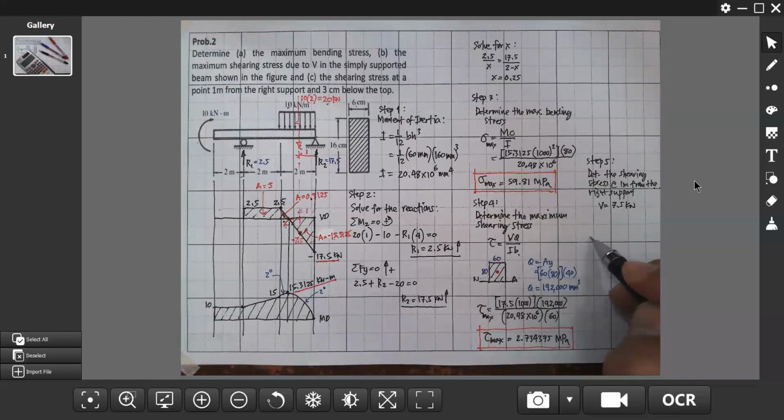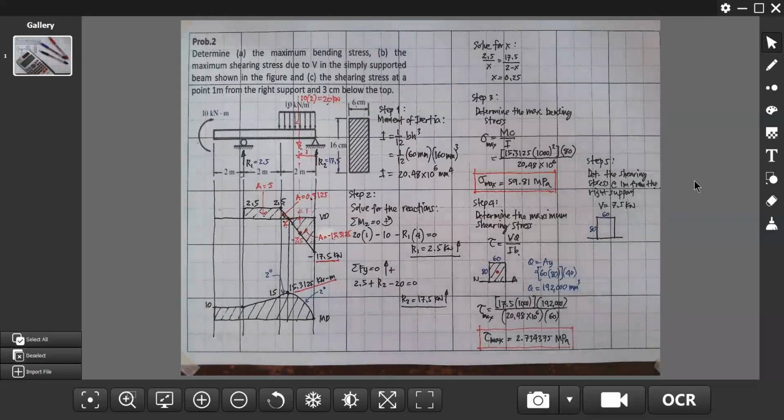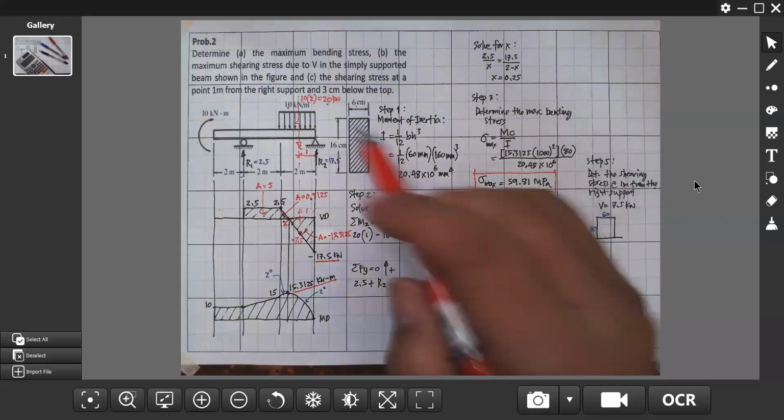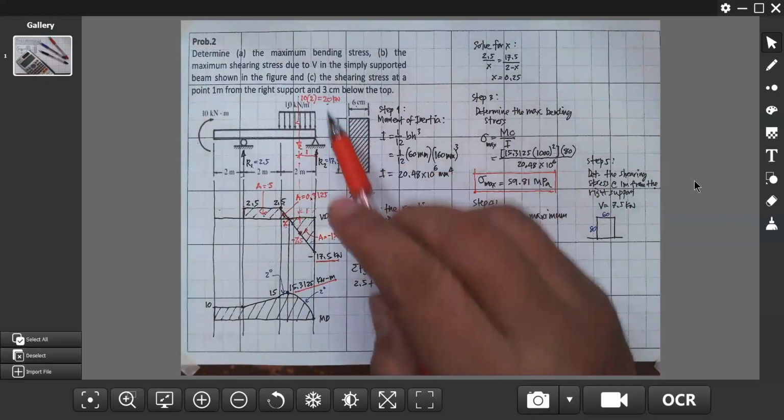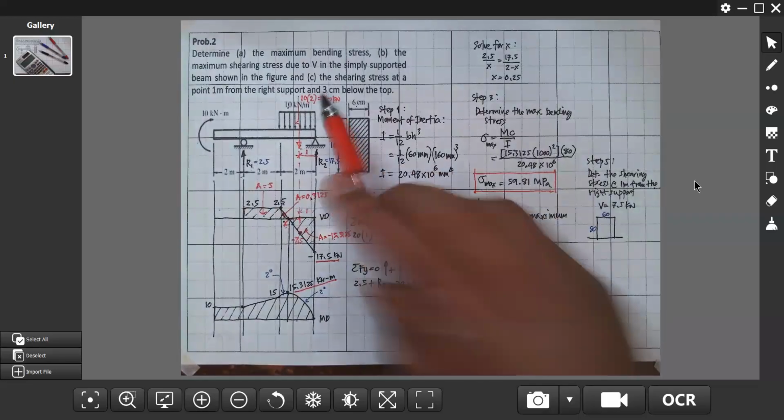For Q, this is our cross section, 60 and 80. But the fiber is 3 centimeters, or 30 millimeters, below the top.